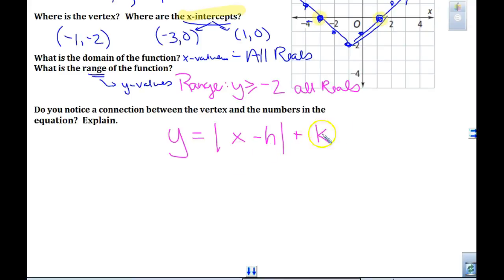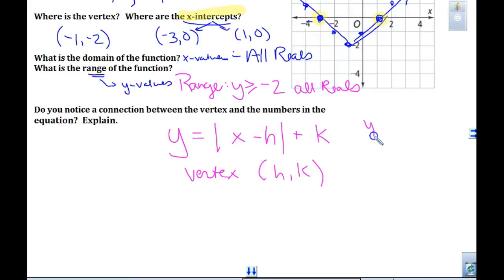If we are looking at this form of an absolute value equation, it is going to tell us the vertex is going to be located at (h, k). It should still have a slope of 1 and negative 1. The only thing that moves is your vertex.